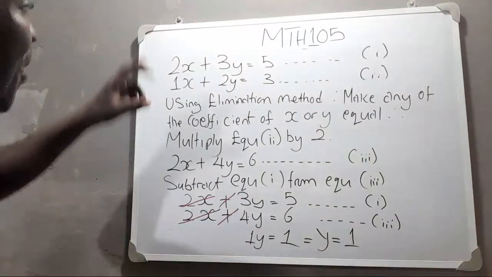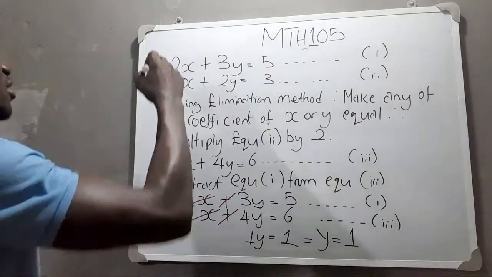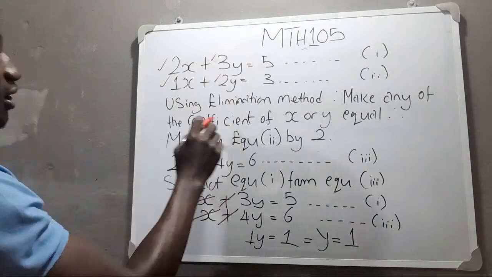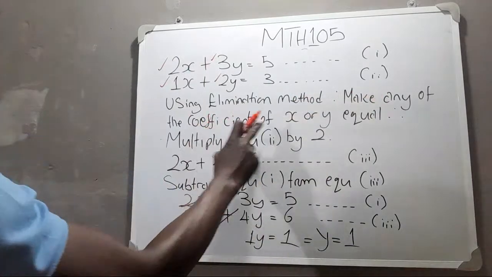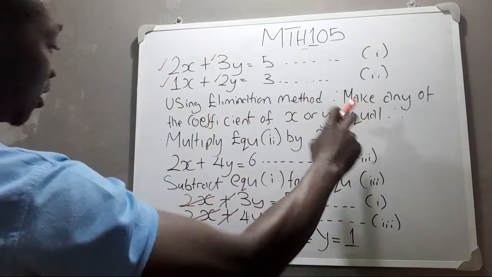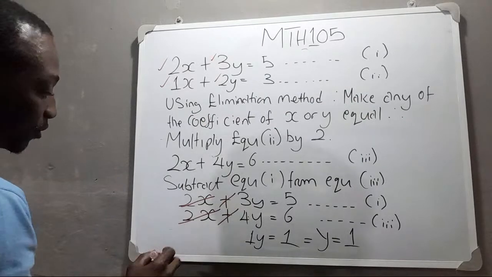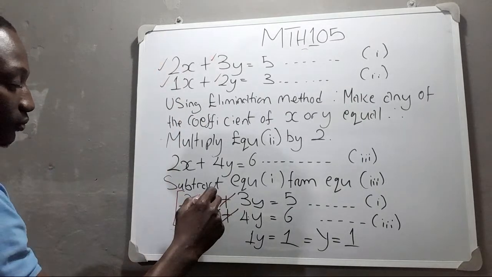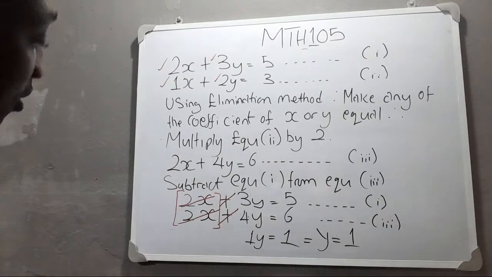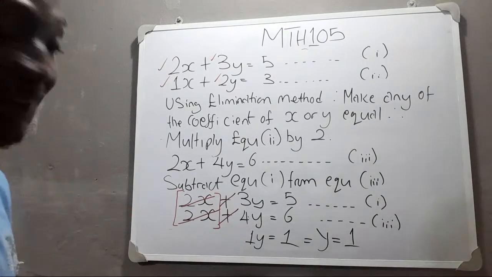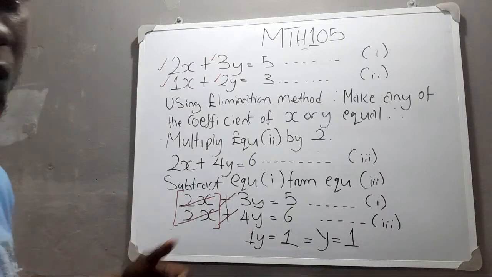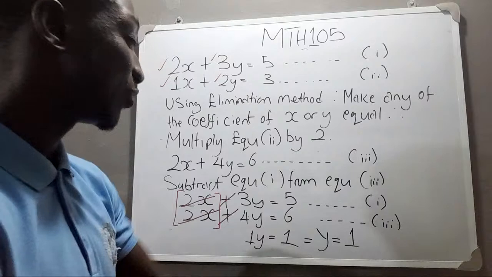And for us to apply the elimination method, we have to make any of the coefficients of x or y equal, just like we have here, after we had multiplied and subtracted, we now had 2 for equation 1 and 2 for equation 2 that we later turned into equation 3.